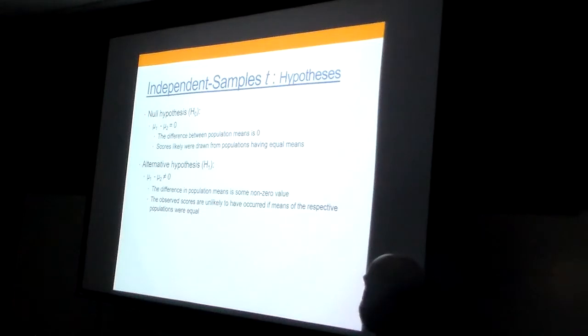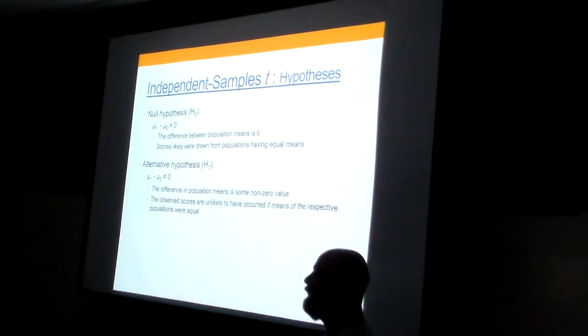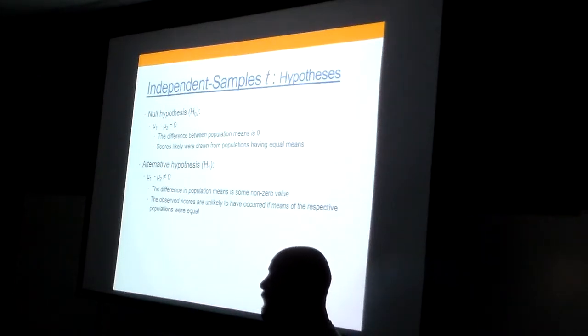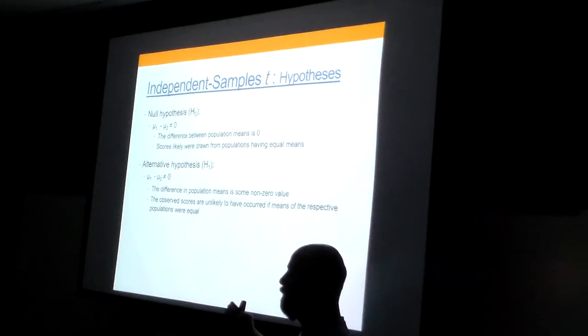Our observed scores are unlikely to have occurred if the means of the respective populations were equal. Essentially, going back to what we're actually getting in our hypothesis test, if population 1 has a mean that's equal to population 2, it's very unlikely that we would select two samples randomly from those populations that would deviate from each other to this degree.